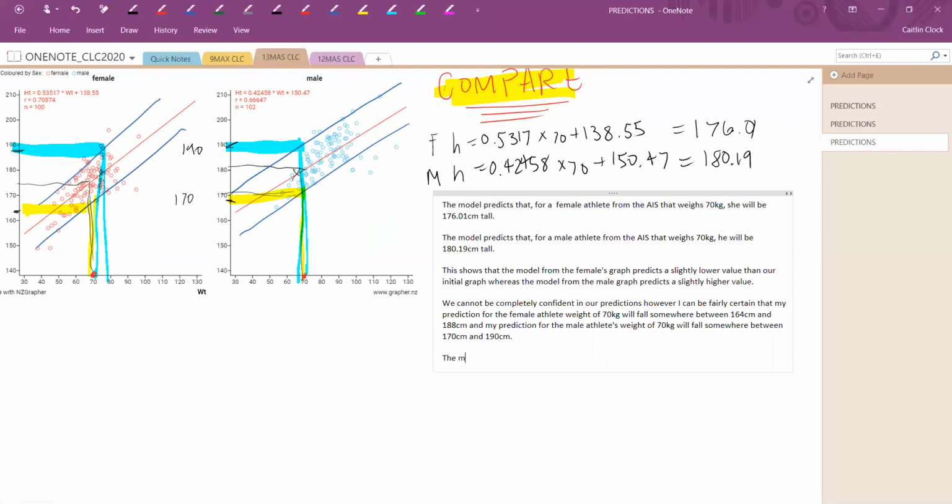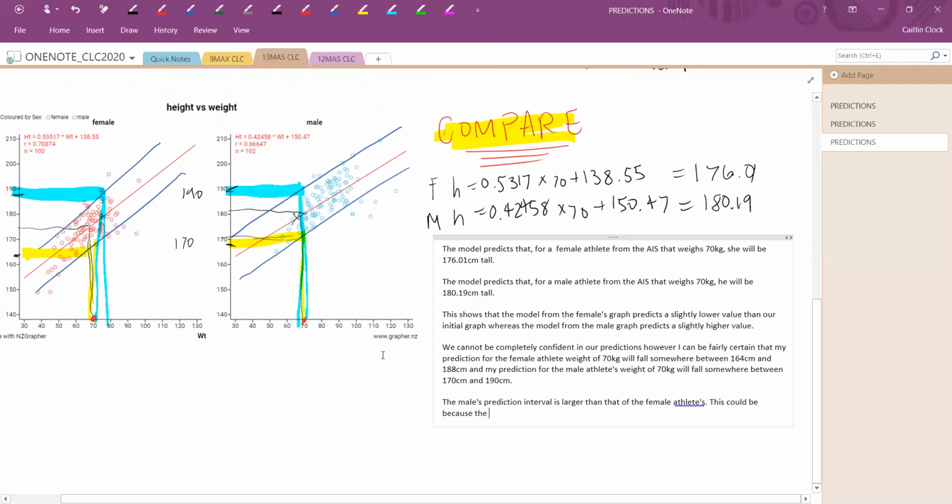The male's interval, prediction interval, is larger than that of the females. This could be because the strength of the relationship is weaker as backed up by the correlation coefficient.